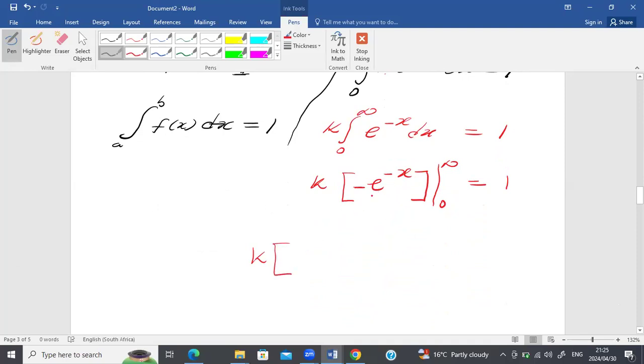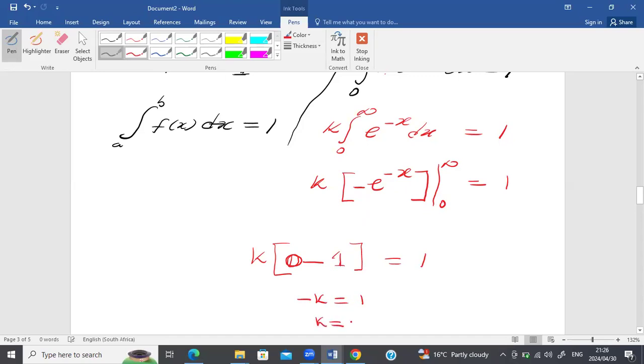Any number raised to the power 0 is 1. So it will be 0 minus, when we put 0 there, e to the power 0 is 1. Then this is equal to 1, so negative k is equal to 1. Then we can find the value of k.